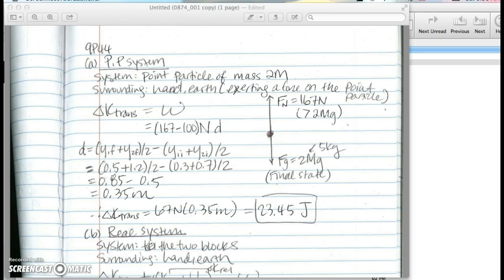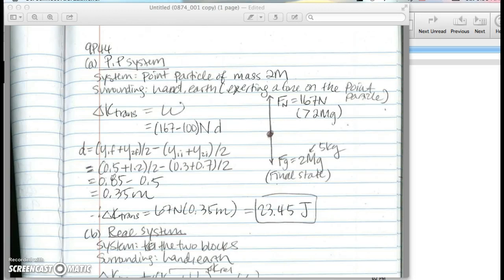So in A, in a point particle system, we can define the system as just a point particle that has a mass of 2m, because one block has the mass of m.